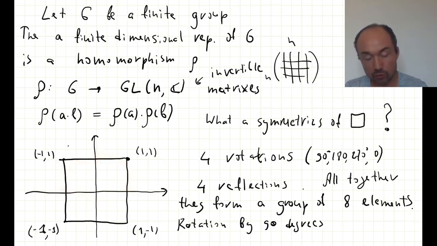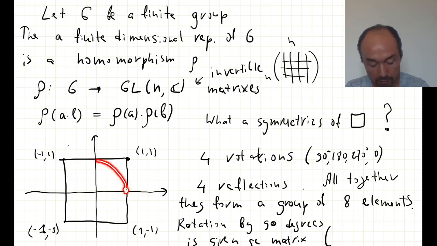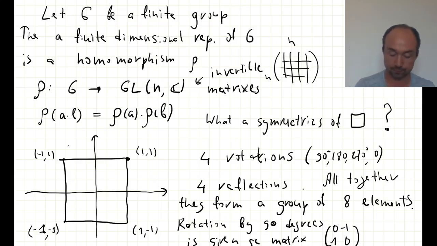You know how to write it as a matrix. This point will go here, and this point goes here. In other words, the matrix is 0, 1, -1, 0.